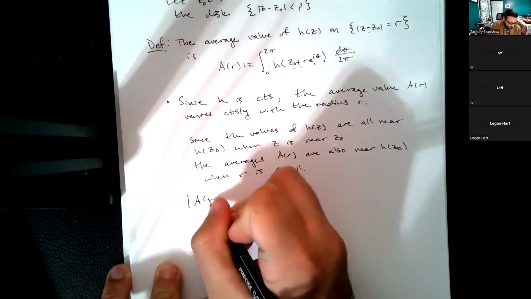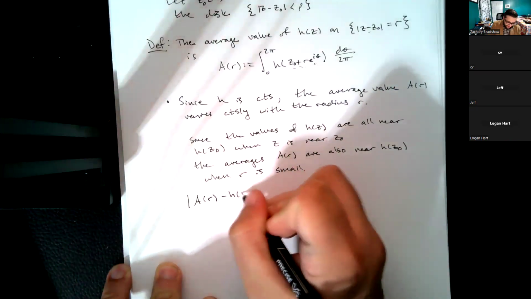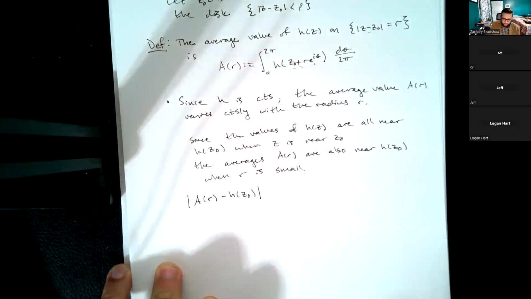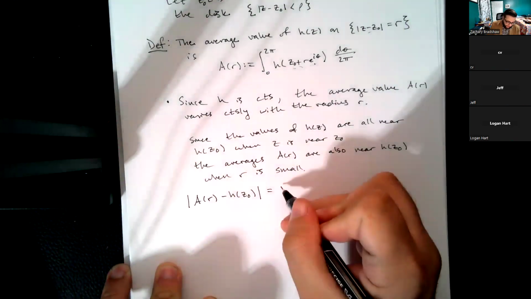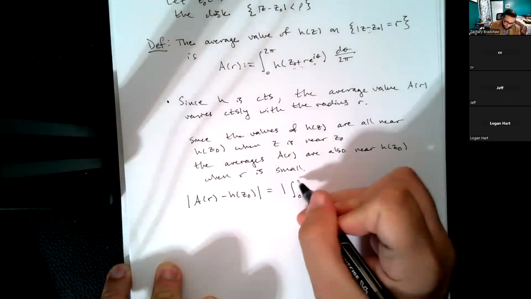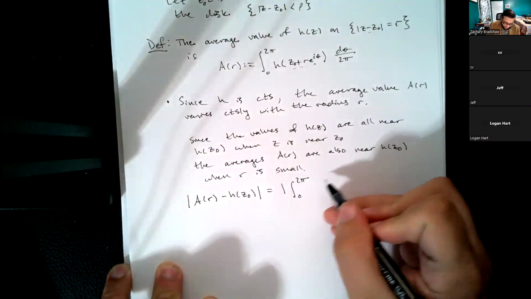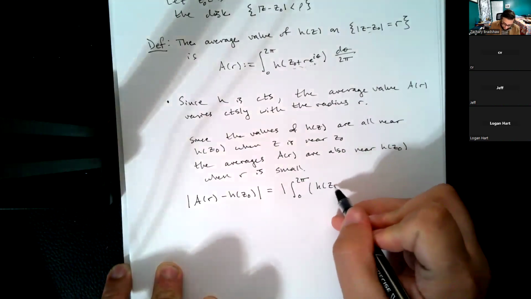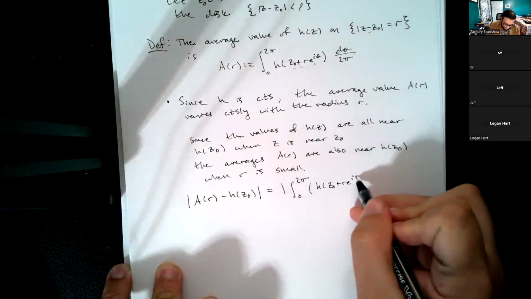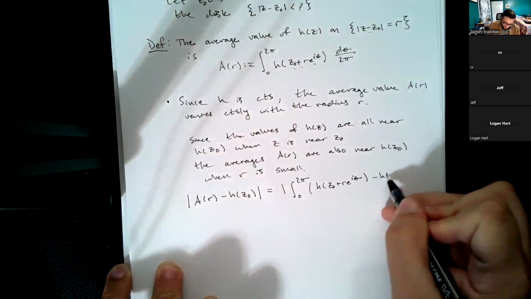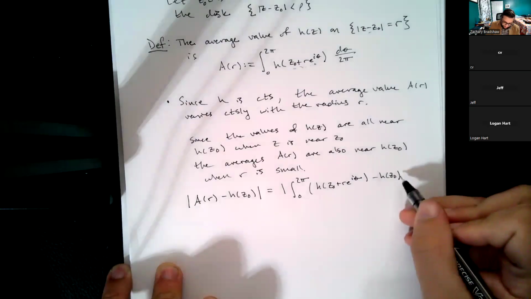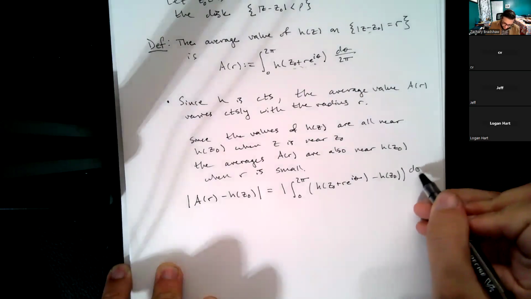We can take the difference between the average and h of z0 in magnitude. And well, this is the magnitude of the integral from 0 to 2 pi of h of z0 plus r e to the i theta minus h of z0, d theta over 2 pi.